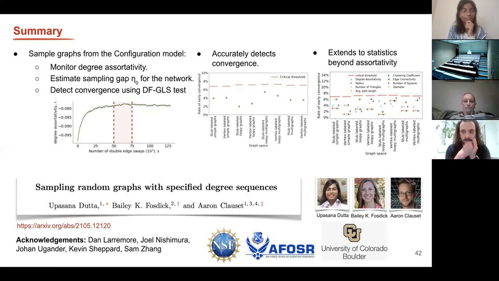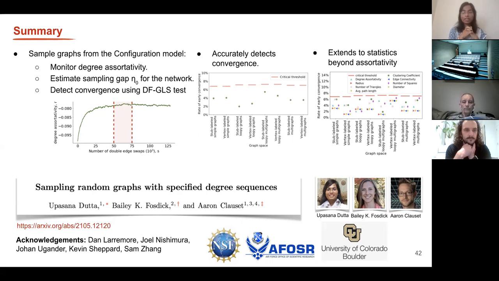I imagine that the larger the network, the harder it is to converge. The second question is about these average statistics depicted on the left plot. Do you compute them per network or per sampled network with a certain number of double edge swaps? Because I'm seeing that you use some samples, and how many networks do you sample with a certain number of double edge swaps here?